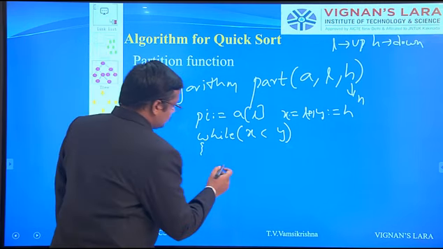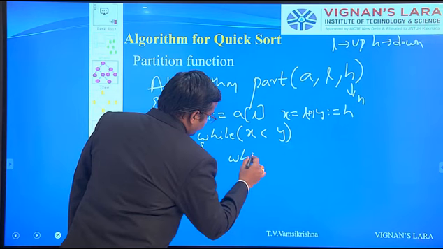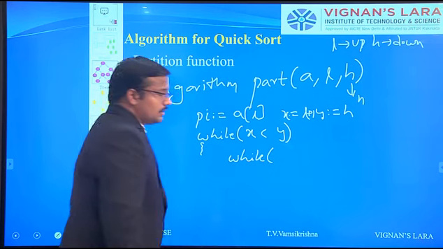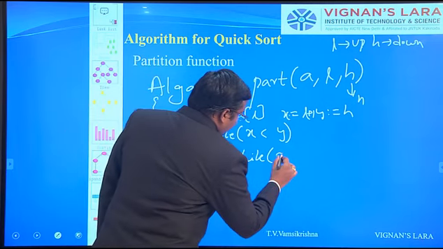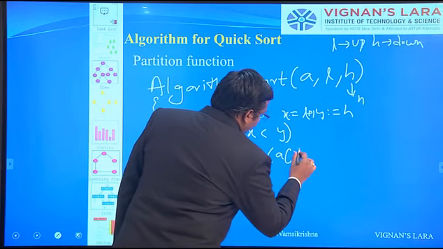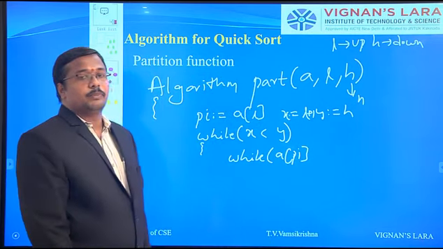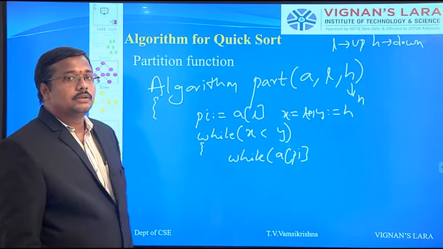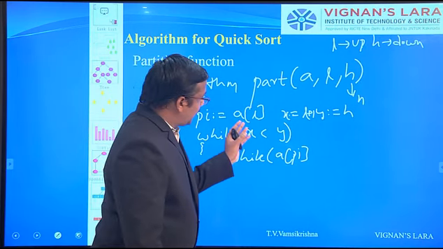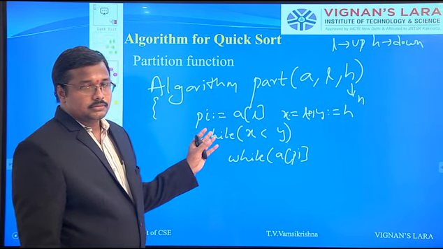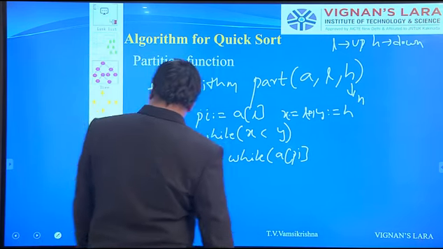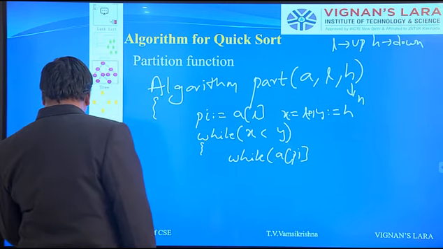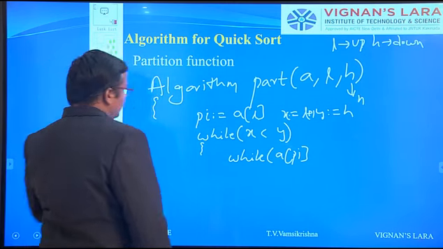So what happens? A of pivot compared with A of X. Here pivot is an element.